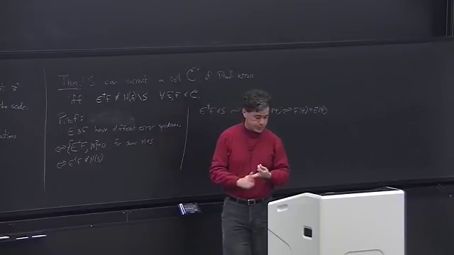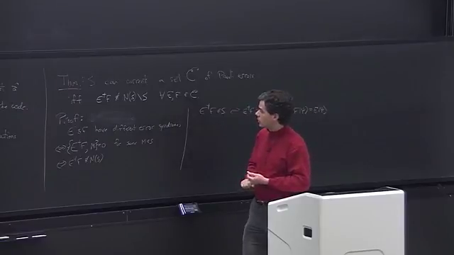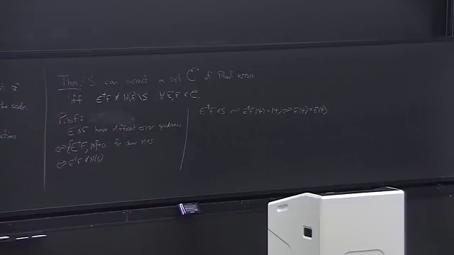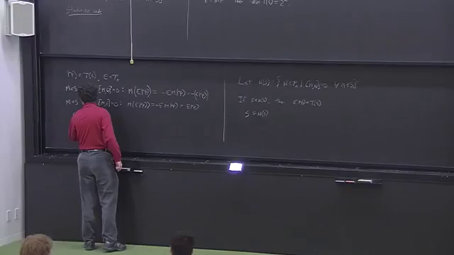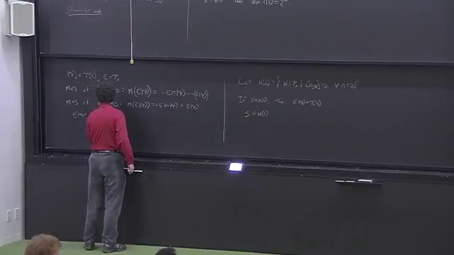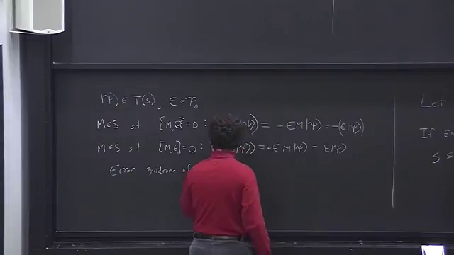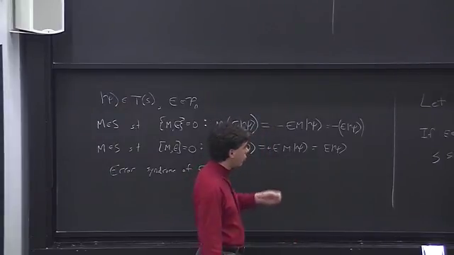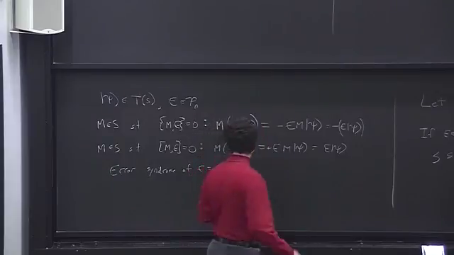Yeah. Can you repeat the definition of error syndrome? Yeah, so the error syndrome of an error is going to be a vector. There are R generators, so it'll be an R-bit vector.